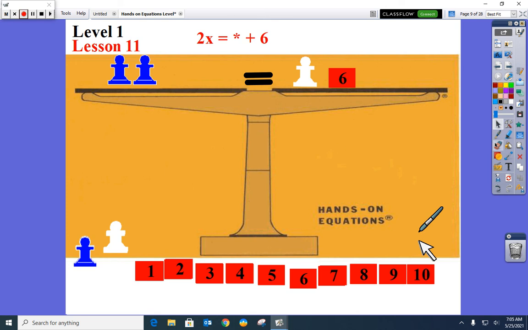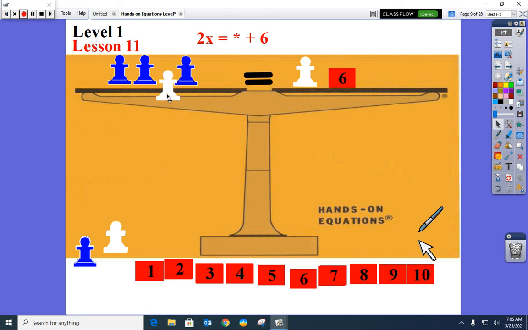So what we are going to do is utilize the 0. We are going to utilize that combination of x and star together, and we will add 0 to one side of my equal sign. That's going to allow me to isolate the variable, get my 6 all by itself and get all of my x's on each side.